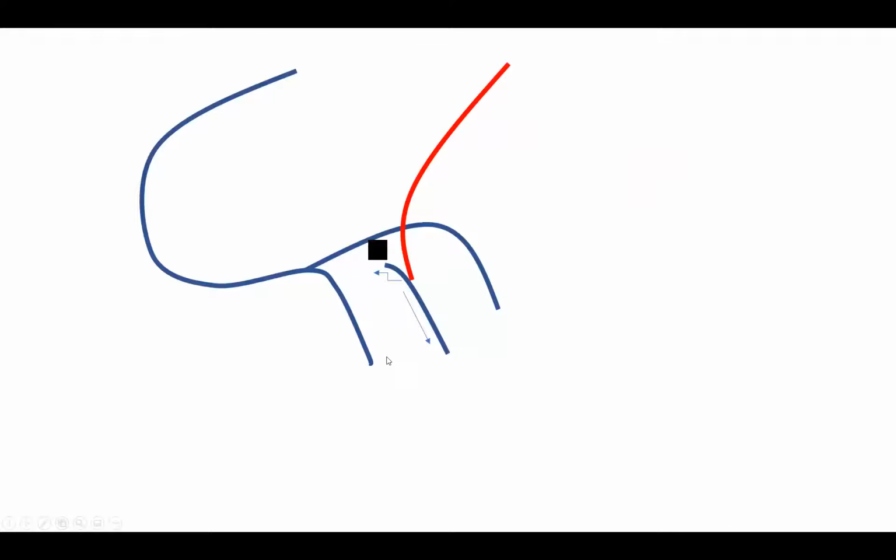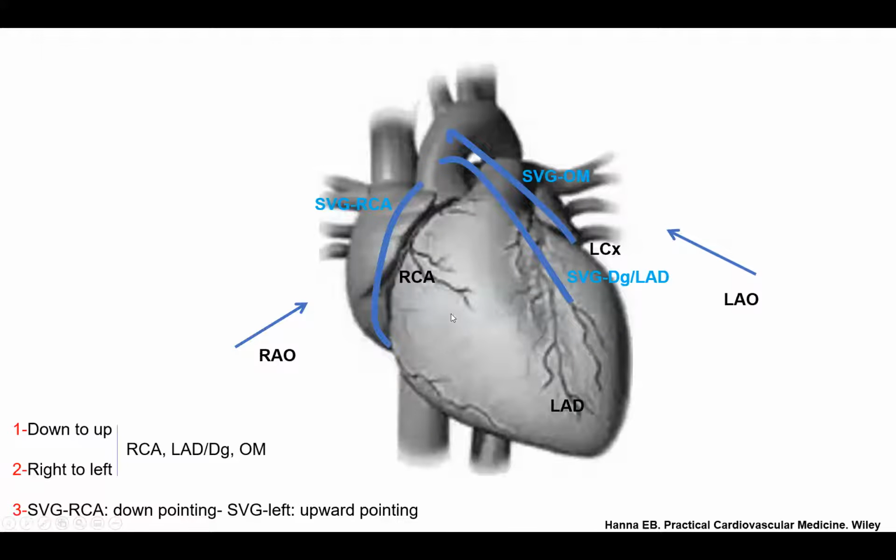Okay. Now, after we engage the native left and the native right coronary, now we have to move to engaging the grafts. This is a very important picture to keep in mind each time you engage a graft. You have to memorize it, keep it in your pockets. It's the basic graft anatomy. You have 3 sets of vein graft or radial grafts.